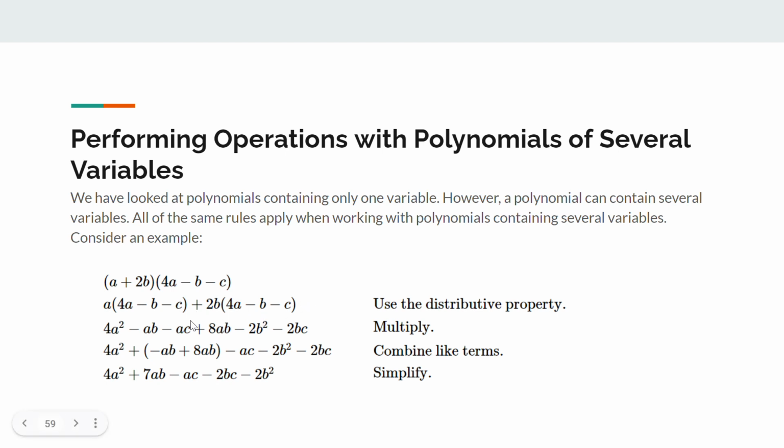We can add these up since they are like terms. So 4a squared, then negative ab plus 8ab, so it's 7ab, then minus ac, minus 2b squared, and also minus 2bc. And here's the result: 4a squared plus 7ab minus ac minus 2bc minus 2b squared.